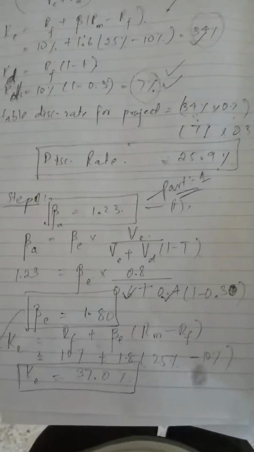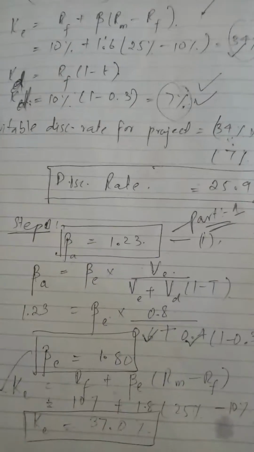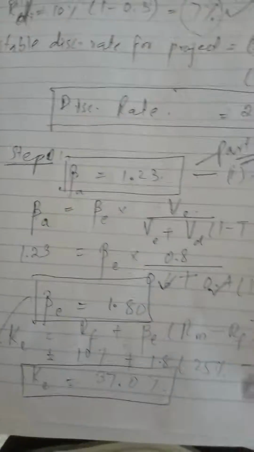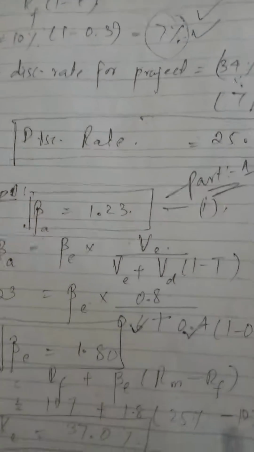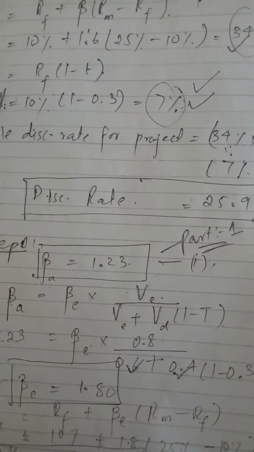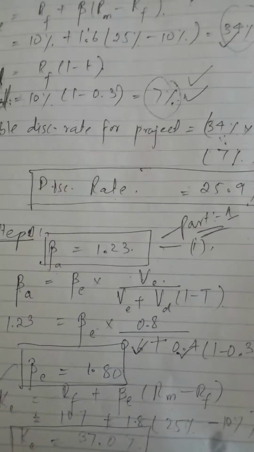So how are we going to assess that project if it's in front of you, and how are you going to assess whether it has to be done entirely with the help of debt, entirely with the help of equity, or a combination of debt and equity?